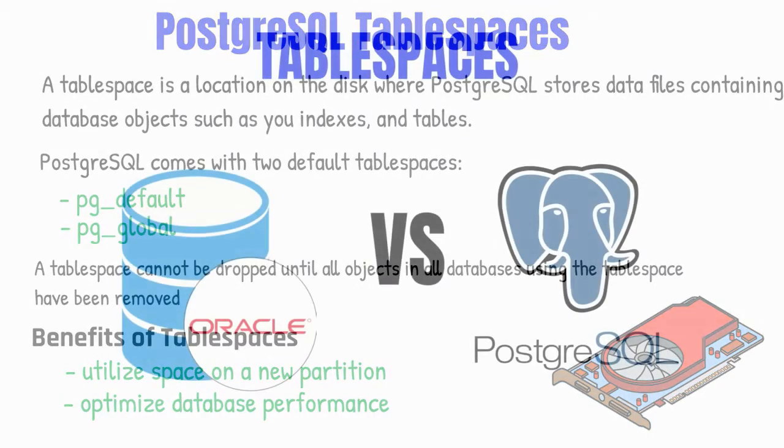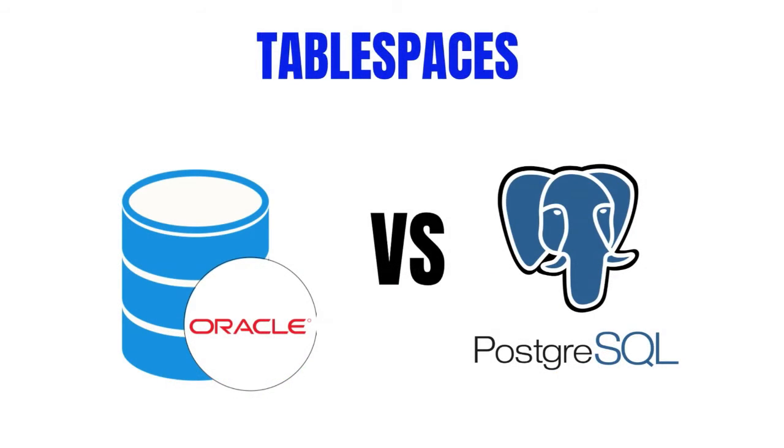If you're familiar with Oracle table spaces, particularly small file table spaces, and your table space is full, you can add another data file. However, this is not the case with Postgres. You would have to extend the underlying file system. However, it is similar to the big file table space in Oracle, where you can only have one file in the table space.